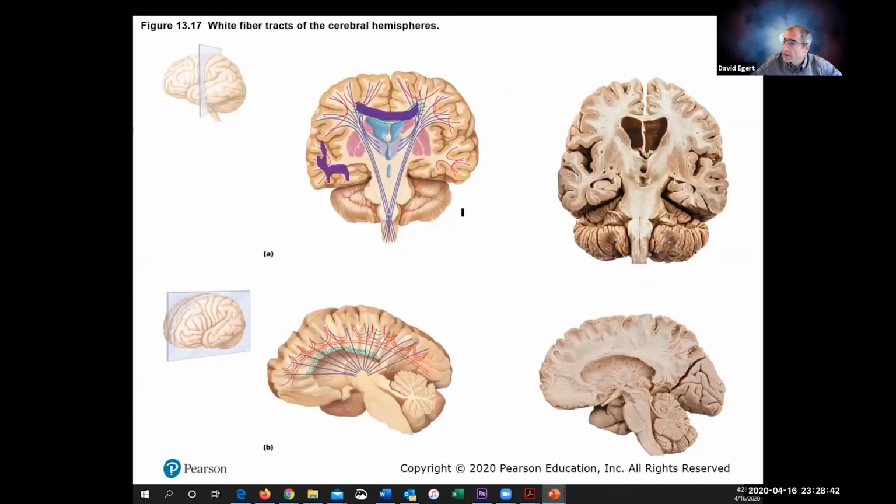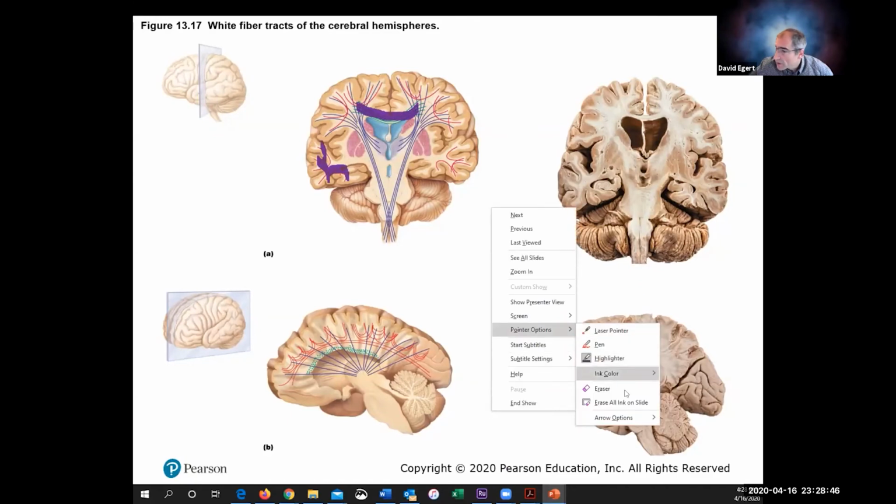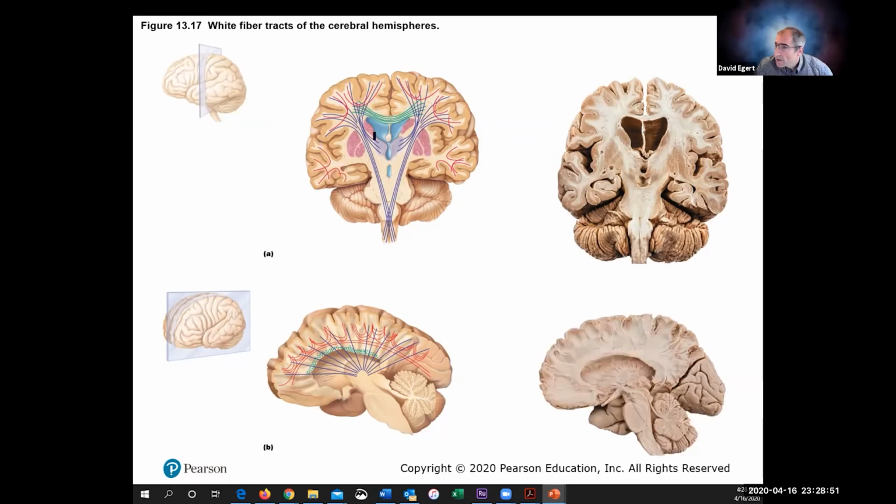Well, the other thing we can do on this slide, what is this thing and this thing, this pink thing? You can see it on the other side, that the internal capsule is actually zipping up right in between. Basal ganglia.